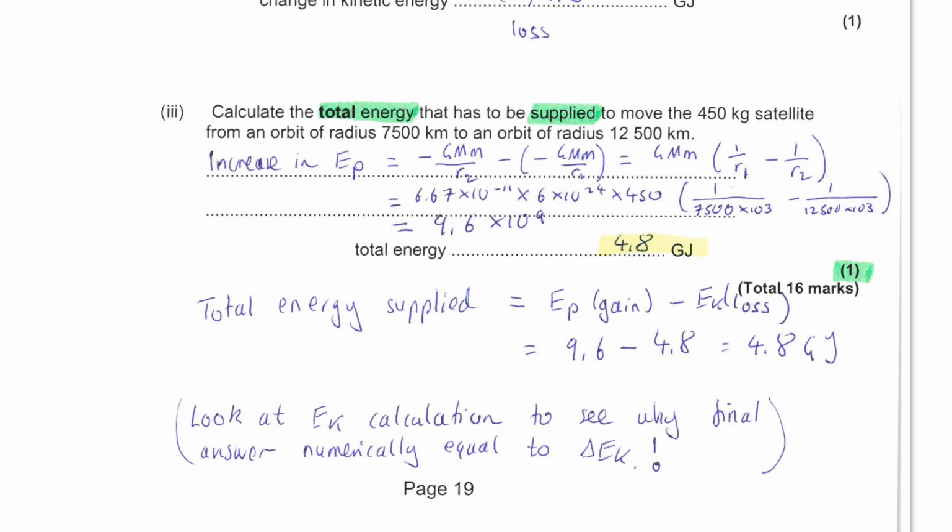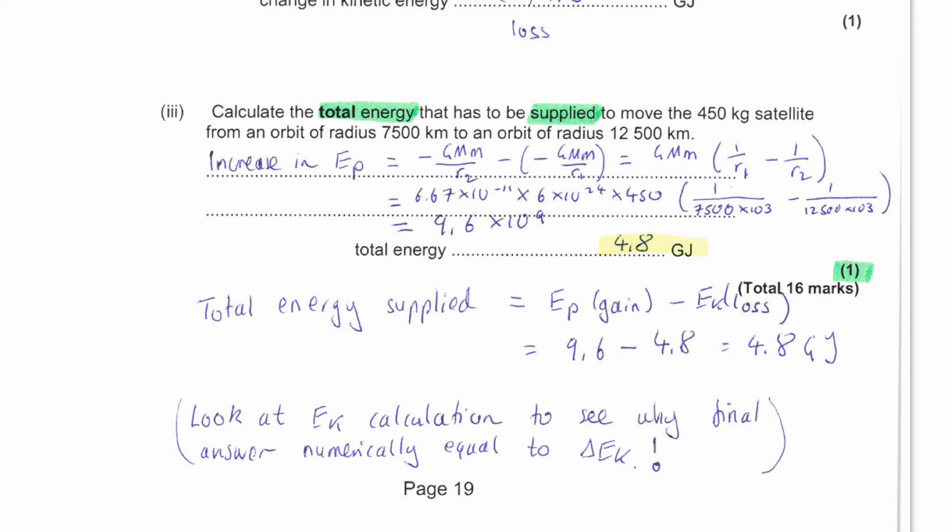That means we will need to provide an extra 4.8 gigajoules in order to make the change. So you could think of the total energy supplied as being equal to the gain in potential energy, take away the loss of kinetic energy.